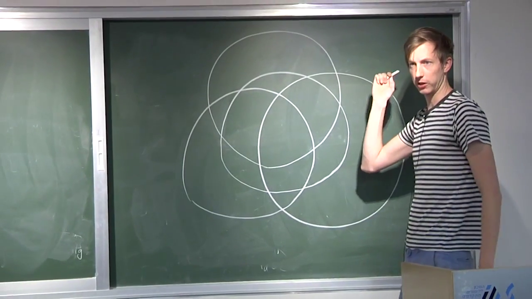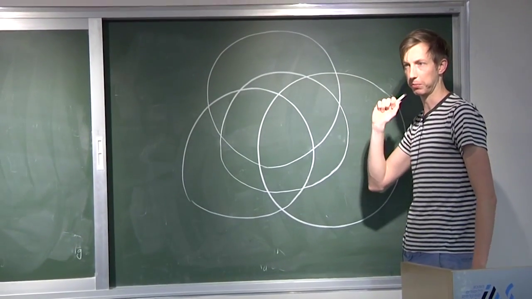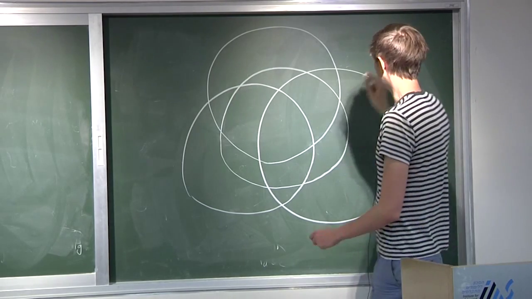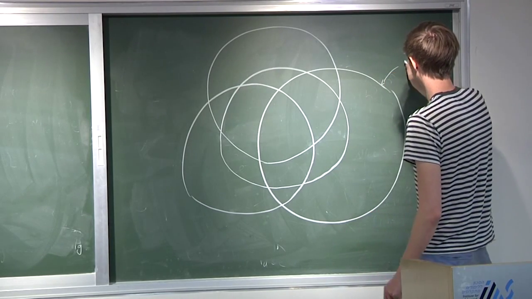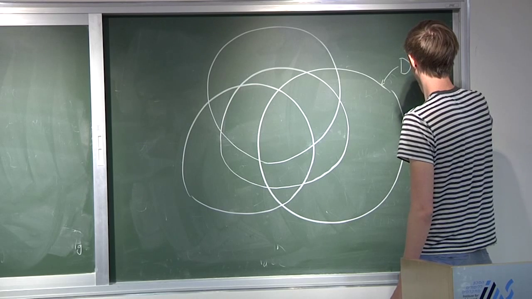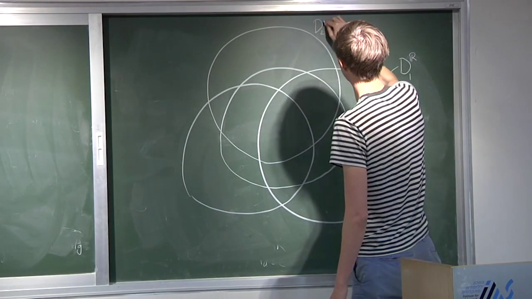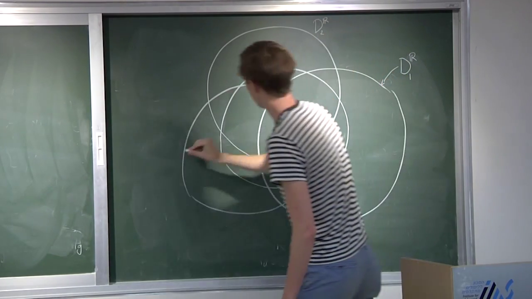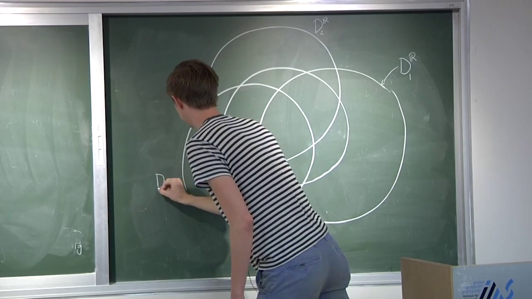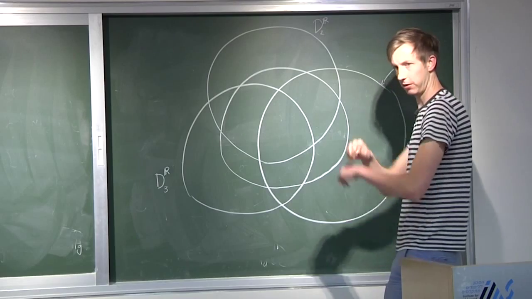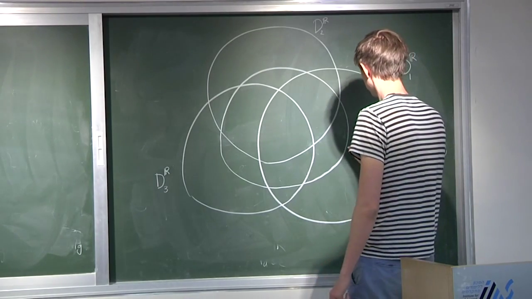So this was a picture of stereographic projection of the 2-sphere. These are the real components of our divisors as they intersect the 2-sphere in great circles.